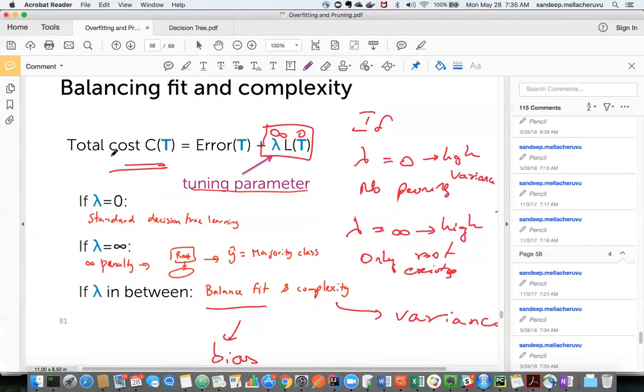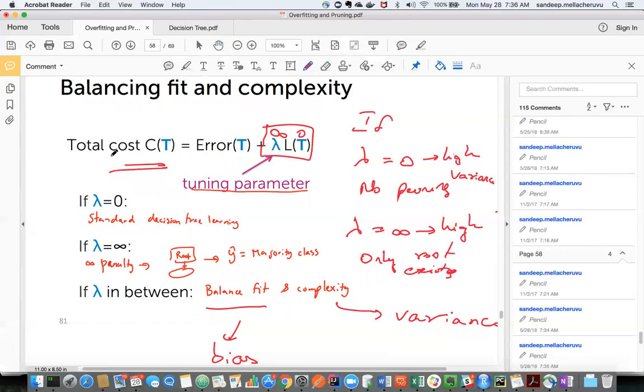And that is what is very important. I said in the beginning of the machine learning classes, I told you that all we are interested in is having a better variance bias trade-off. So pruning is one such example. When you are doing pruning, you're trying to balance between variance and bias.